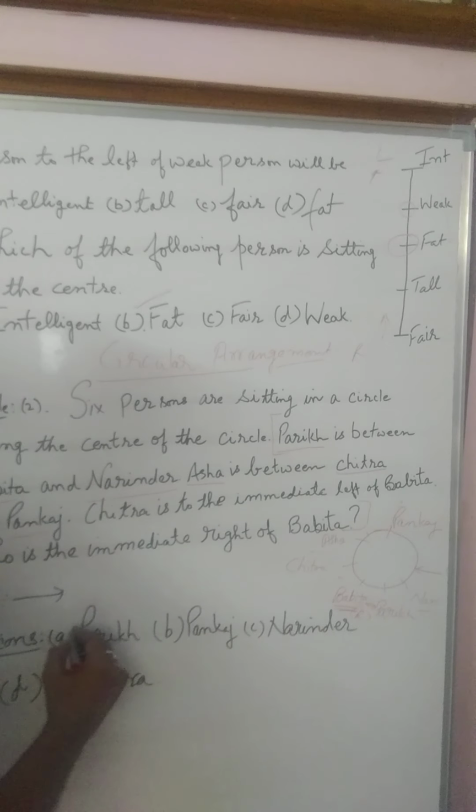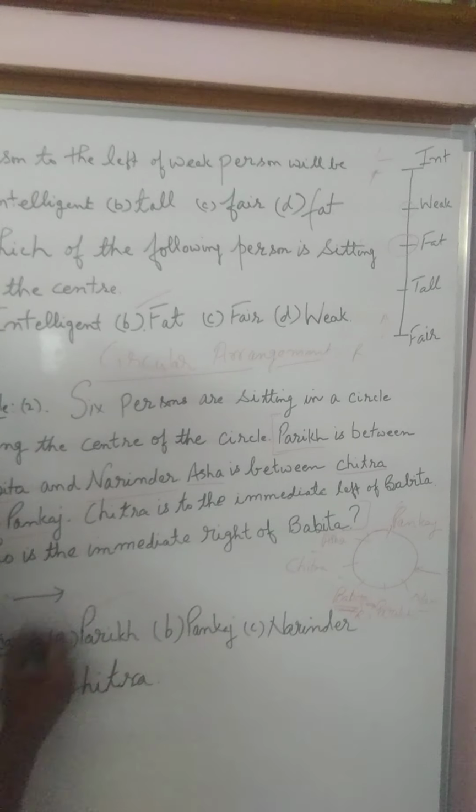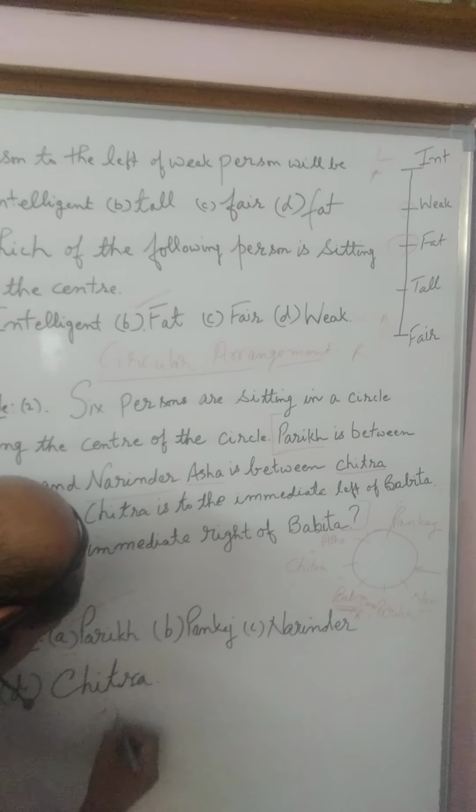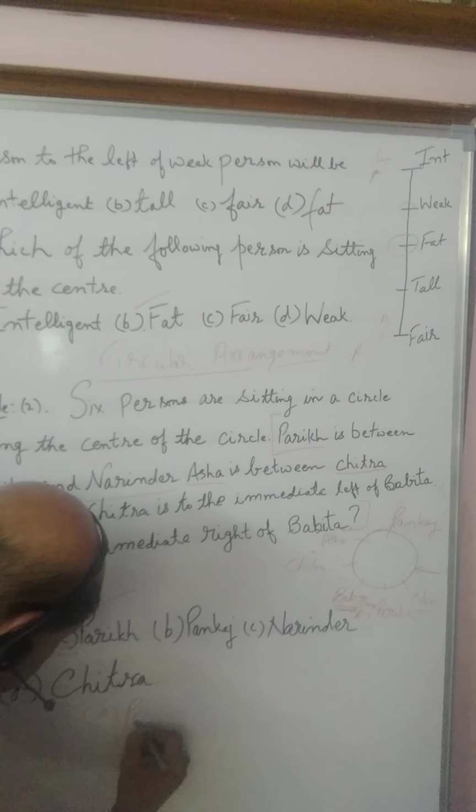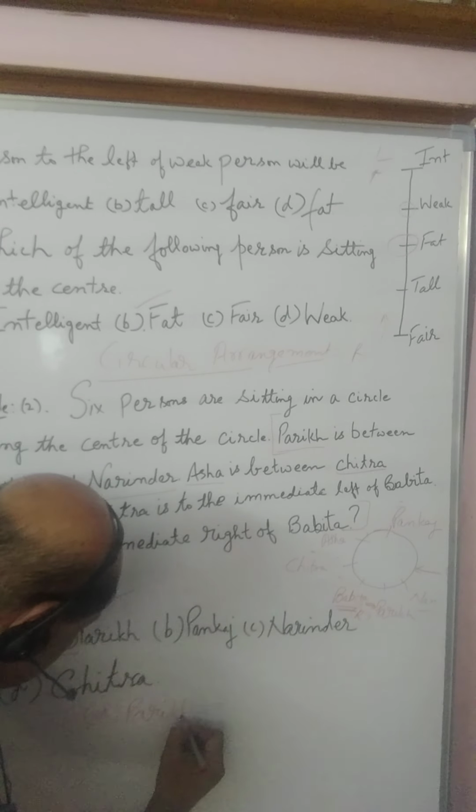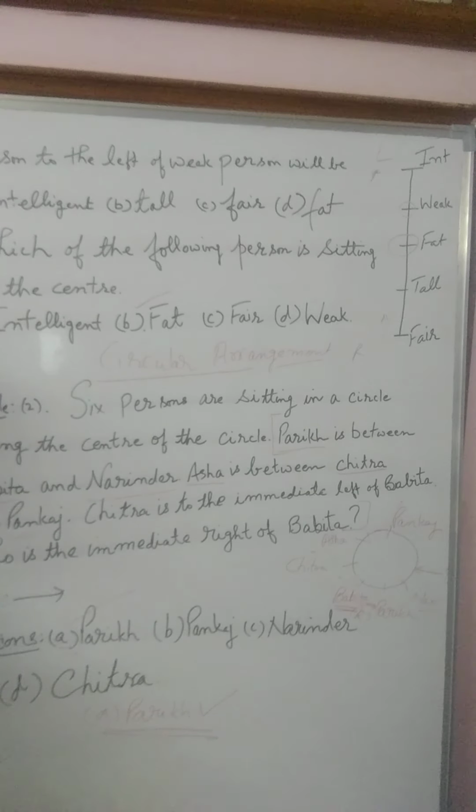We immediately come to the conclusion that Parik is the correct one. That is option A, Parik is correct. So in this way, we shall be able to solve other parts of this question also.